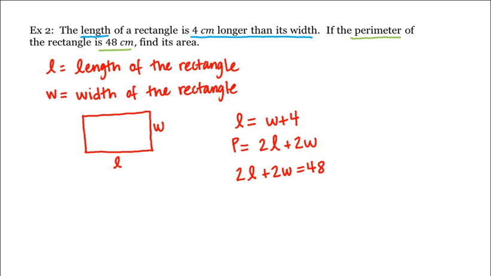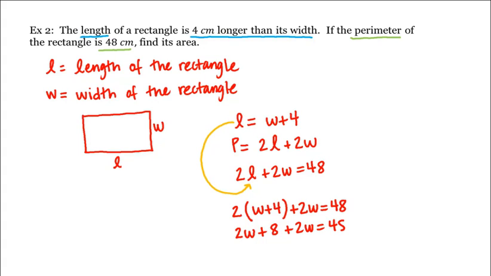And now we can replace L here with W plus 4, which gives us 2 times, be careful, it's the whole quantity W plus 4. Then plus 2W is equal to 48. Or 2W plus 8 plus 2W is equal to 48.